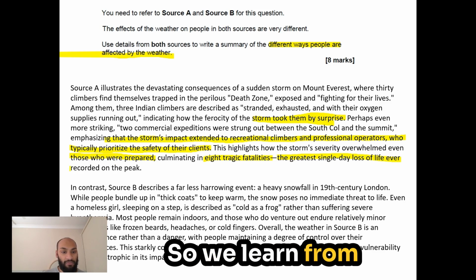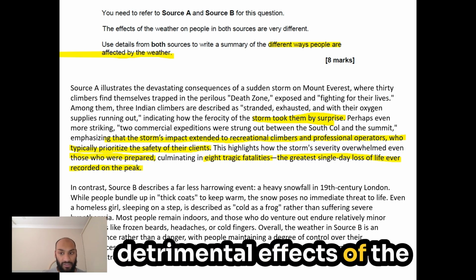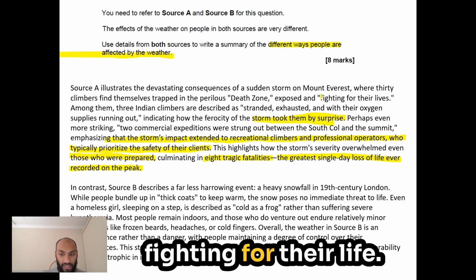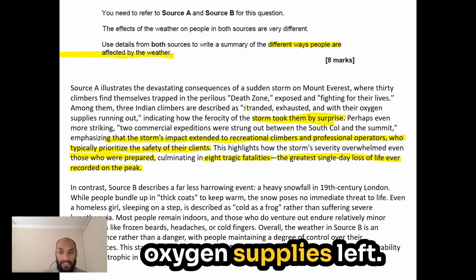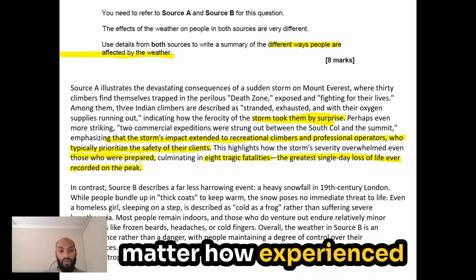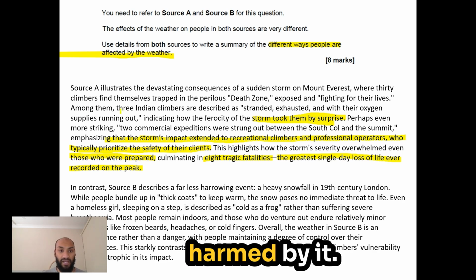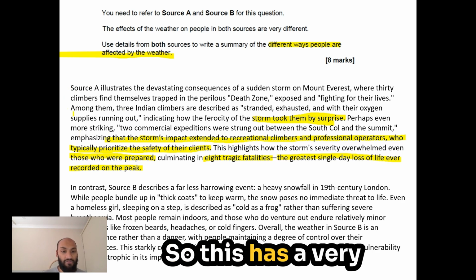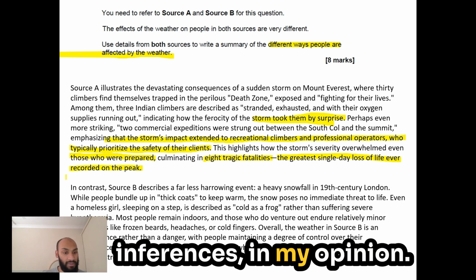So we learn from this paragraph the detrimental effects of the storm, how it's leaving those who are there fighting for their life. They're stranded, they haven't got much oxygen supplies left. And again, it doesn't matter how experienced or what level the climbers are at, they are still being harmed by this storm. So this has a very high level of perceptive inferences in my opinion.